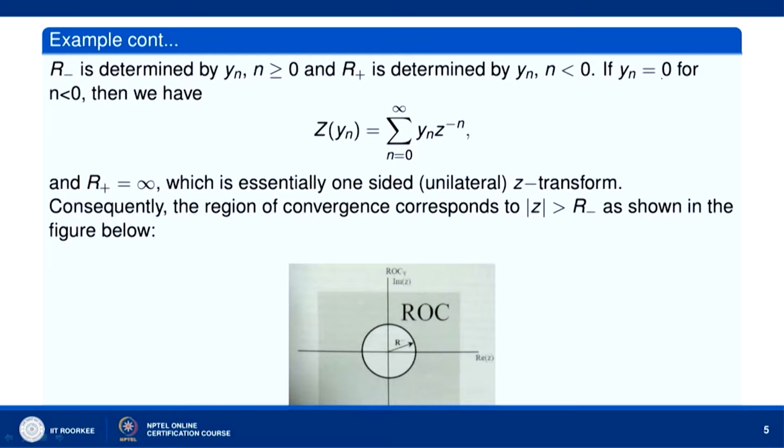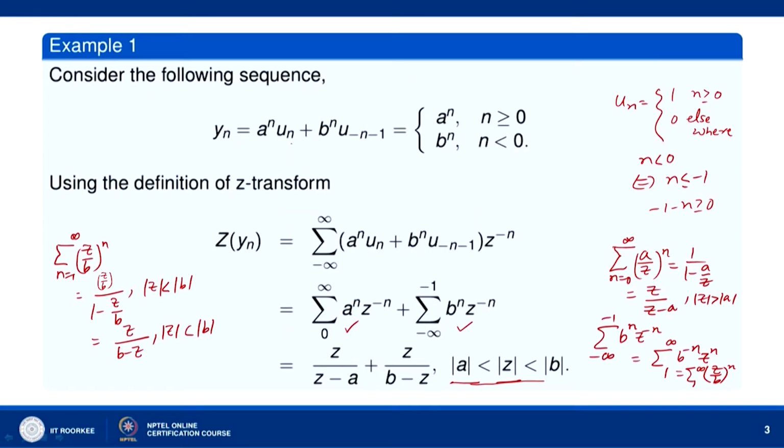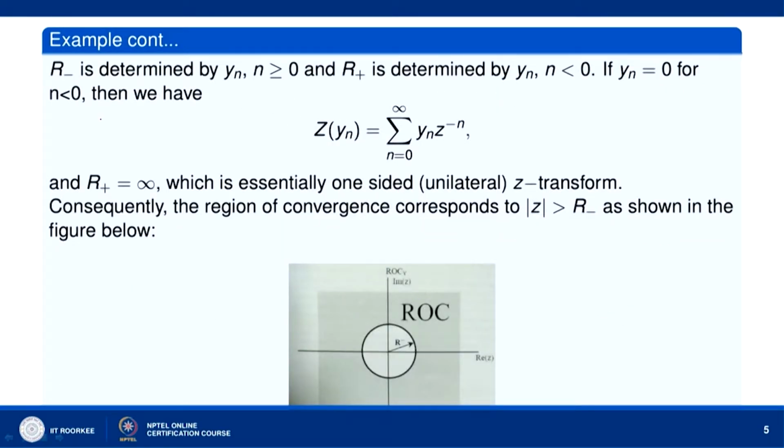Suppose we take y[n] equal to 0 for n less than 0, then what will happen? We will only have a to the power n when n is greater than or equal to 0, and then the region of convergence will be mod of Z greater than mod of A, because this part will vanish. R plus is infinity.